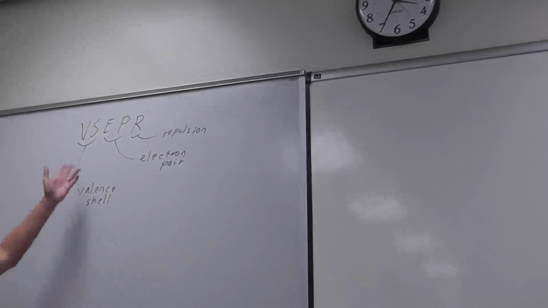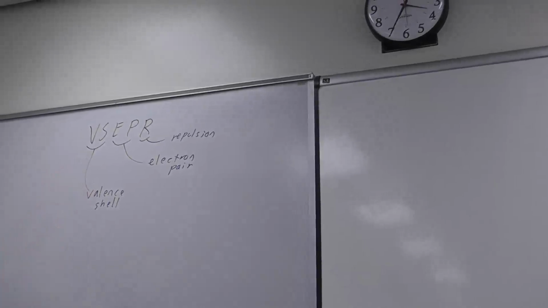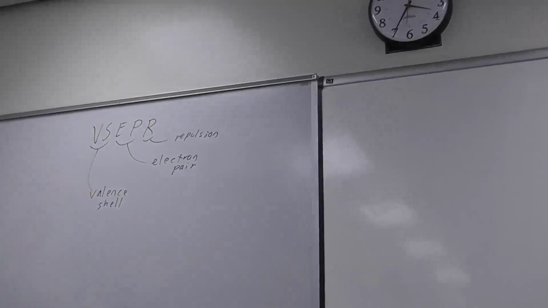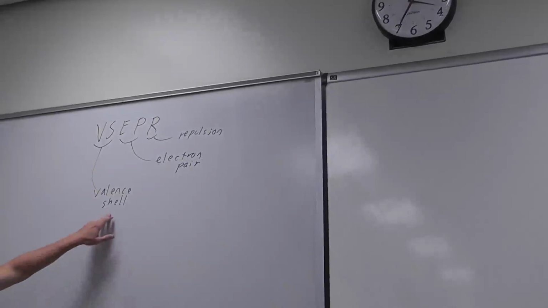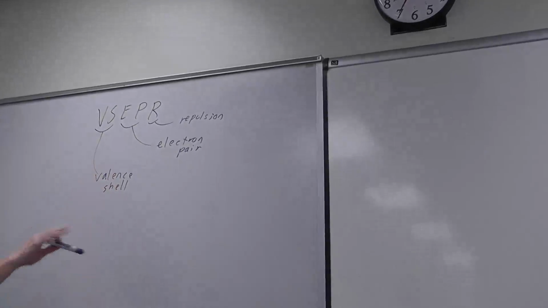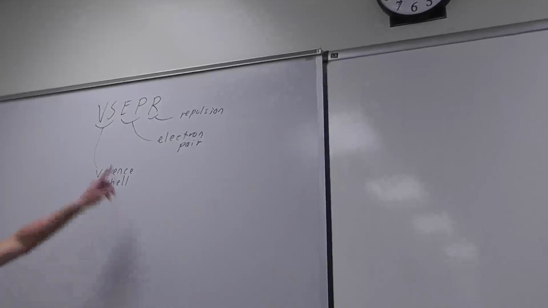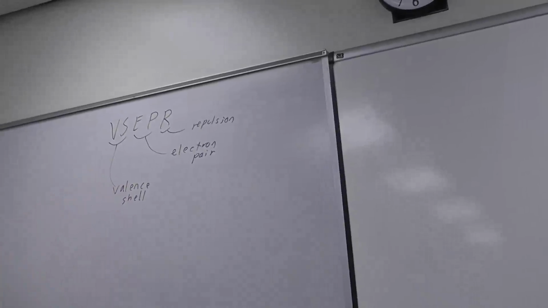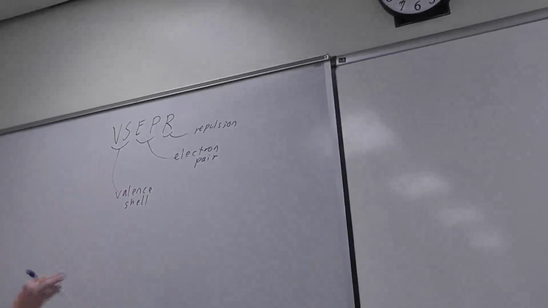It's all based on valence shell electron pair repulsion theory, which is a very complicated term for principles you already know. First of all, when we're doing Lewis structures, you already know we're only dealing with valence shell, right? Core stuff we ignore. All that chart we had was valence shell stuff. All the electrons in the Lewis structure were paired. They were either in a bond, counting as a pair, or they were a lone pair.